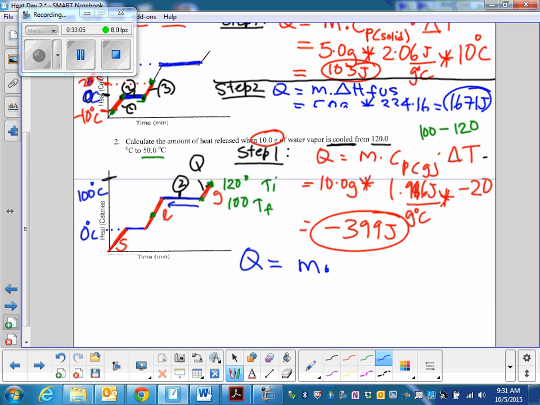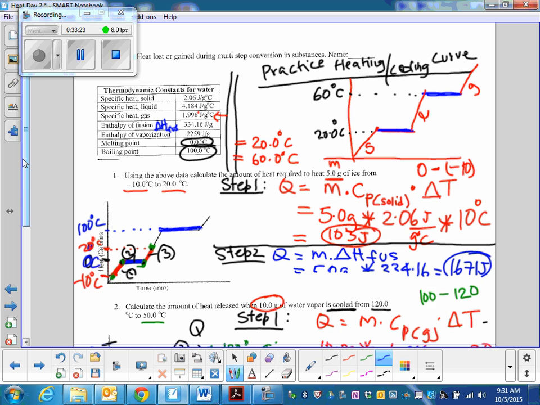Condensation. It is M times enthalpy of condensation. Okay? So the mass of my substance is 10 grams. I need to find my enthalpy of condensation. I'm going back to this table. I don't see an enthalpy of condensation. I only see an enthalpy of vaporization.